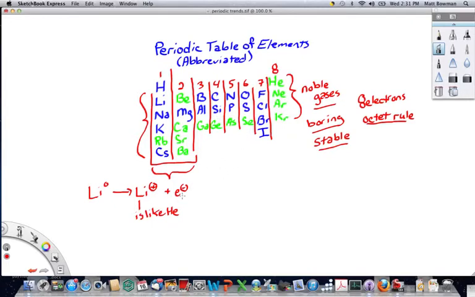Now, what do they give up electrons to? Well, they give up electrons to any of these other groups, particularly the ones in groups 6 and 7.